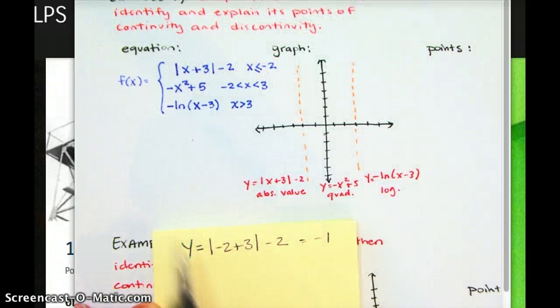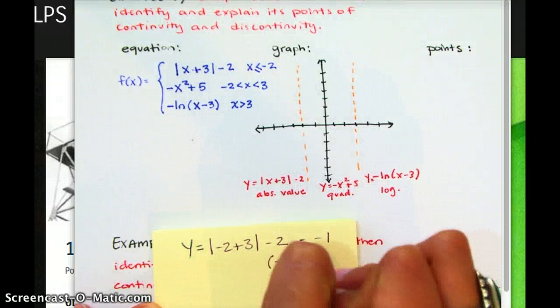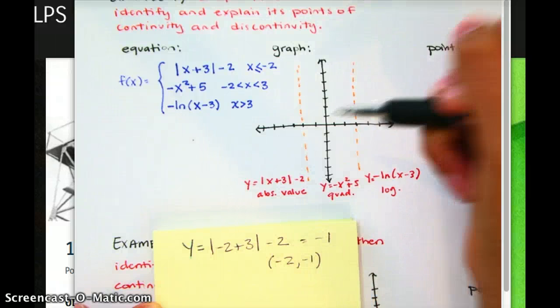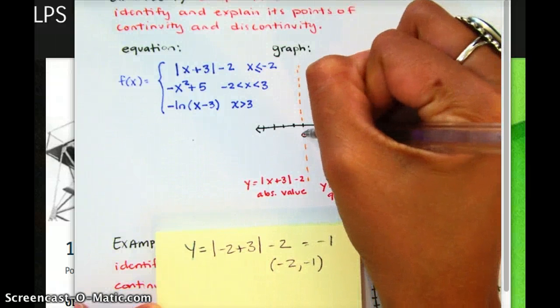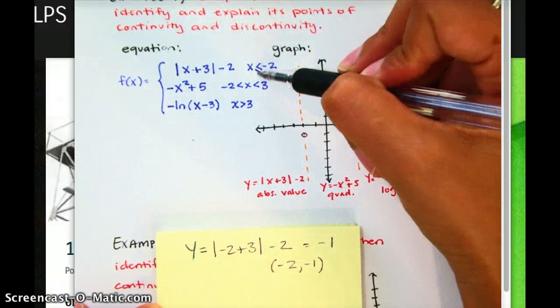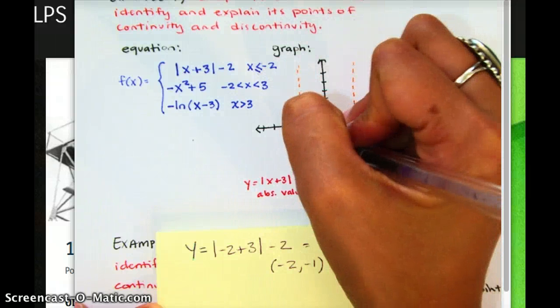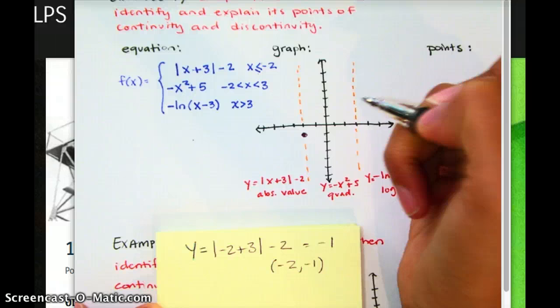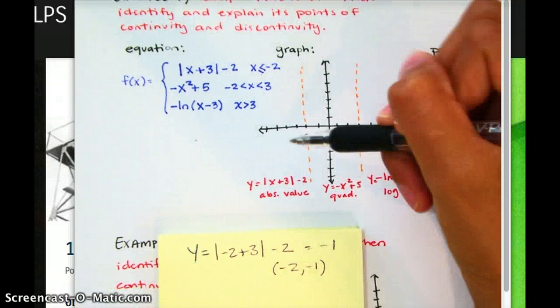So that means this function has a point at (-2, -1), and that's going to be right here. And then before I decide to shade that point in, I'm going to go back and check the inequality symbol. Since it has an equal to sign, I can go ahead and shade in that point, because that's a closed circle.